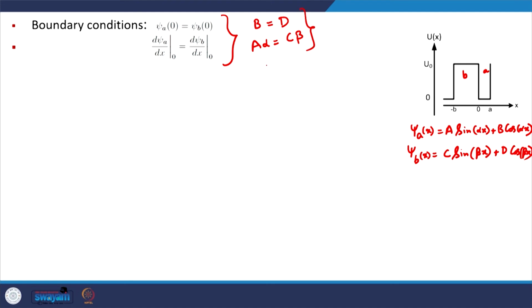Okay. So, we have already obtained 2 constraints which will give us the values of these constants, and the other 2 constraints can be obtained from the boundary conditions arising from the Bloch's theorem.